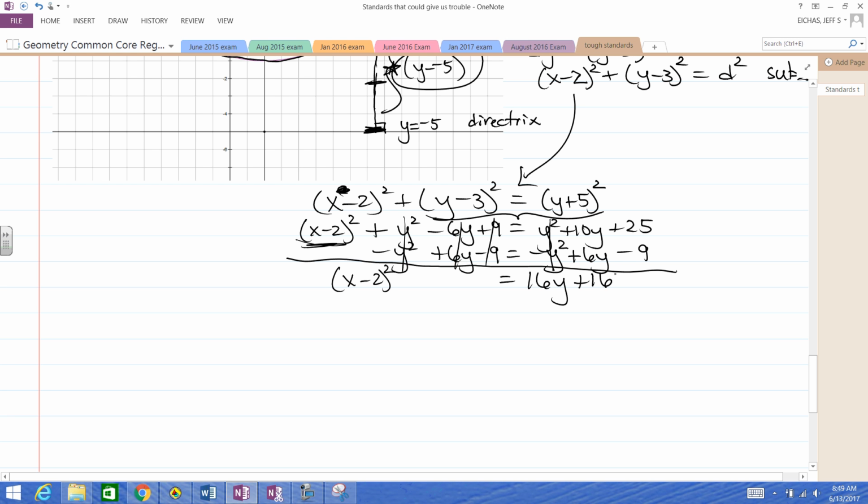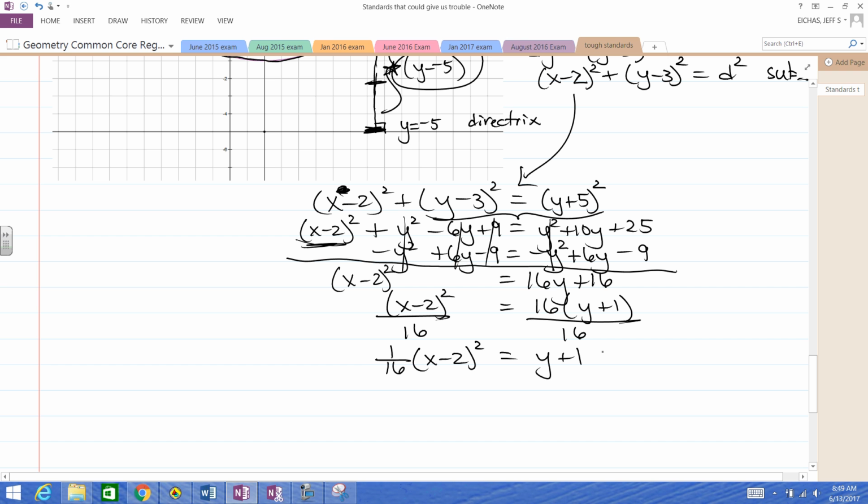I got an idea. Why don't we factor out a 16? This is one way to go, I guess. And divide by 16. All right, I'm going to change this to 1/16 quantity x minus 2 squared equals y plus 1. You're seeing that it is the format of a parabola.